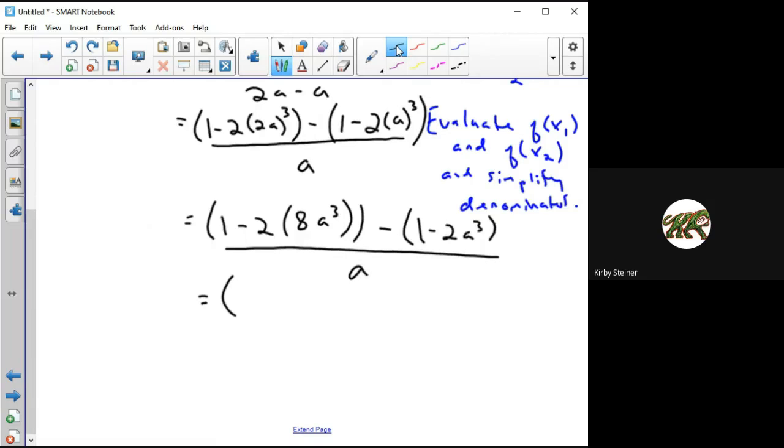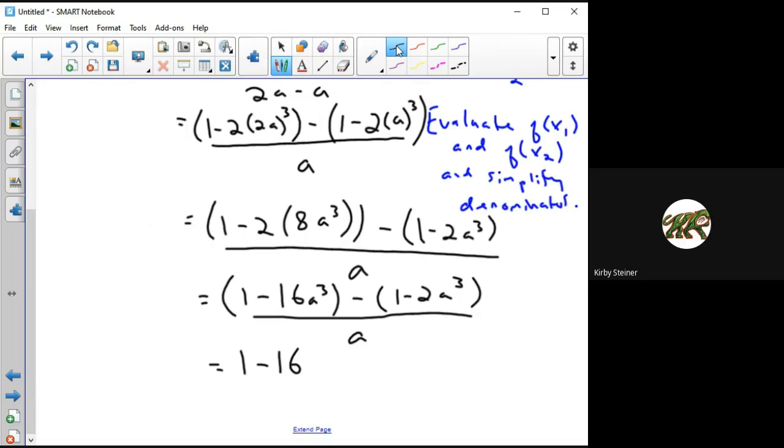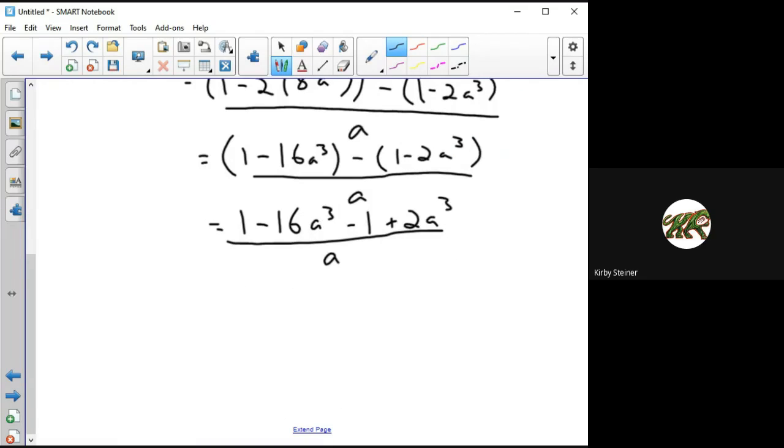Going back to this term, distribute the 2: 1 minus 16a cubed, minus 1 minus 2a cubed, all over a. Now we can take the parentheses out, and we have 1 minus 16a cubed minus 1 plus 2a cubed over a. You see that the 1's cancel out, and negative 16a cubed plus 2a cubed is negative 14a cubed.